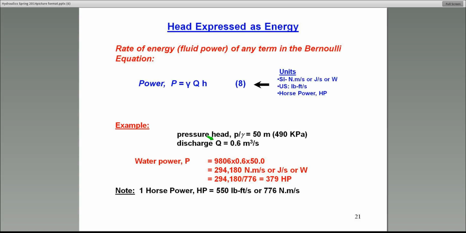Then the water power, the amount of energy that that particular fluid possesses, is obtained by using this formula: gamma, Q, and H. So in this case, gamma is 9806, and Q is 0.6, and therefore you multiply all these three quantities, and you end up with 294,180 newton meter per second or joules per second. Remember, that's also called a watt, a W, the unit of power in the SI system of units.